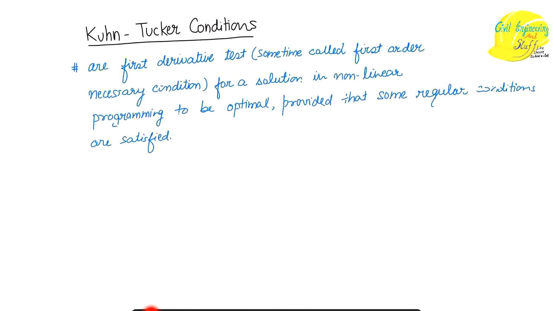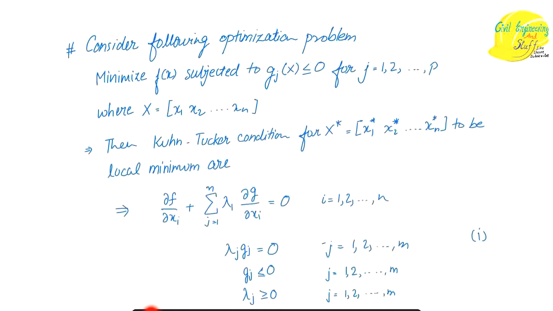In this method, first of all, we use lambdas to include the constraint values, then the first derivative is found, and then certain regular conditions are satisfied. The conditions are these. First, just like in Lagrange's method, the equation is formed using lambda as our term, and its partial derivative is found with respect to the variables involved in the multivariable function.